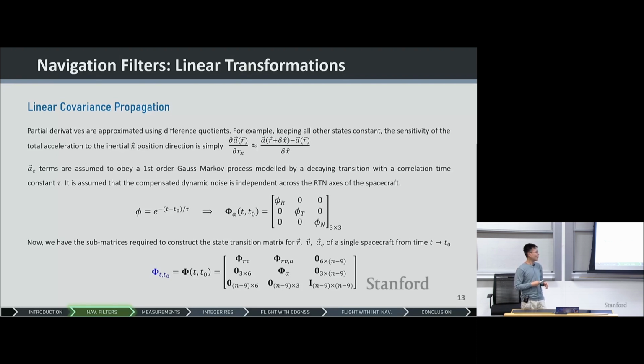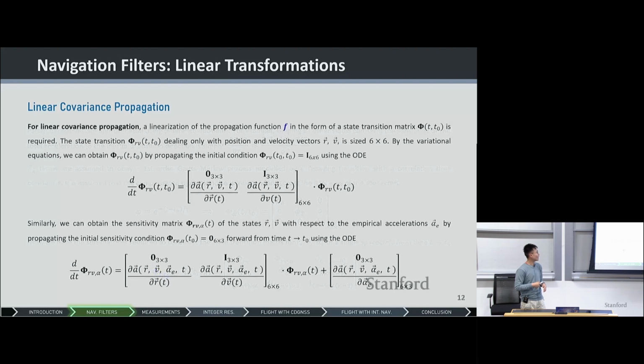If we append these empirical acceleration terms to your model of just position and velocity, the full state is R, V, and the sensitivities with respect to empirical accelerations.